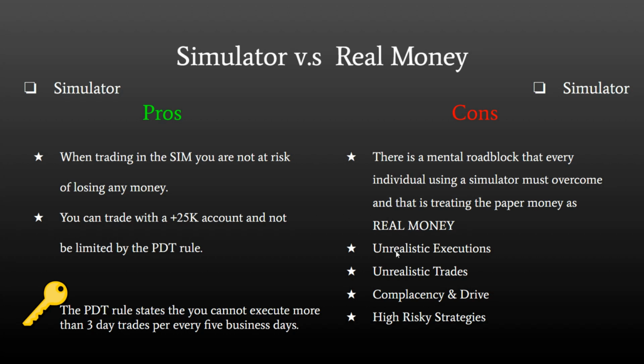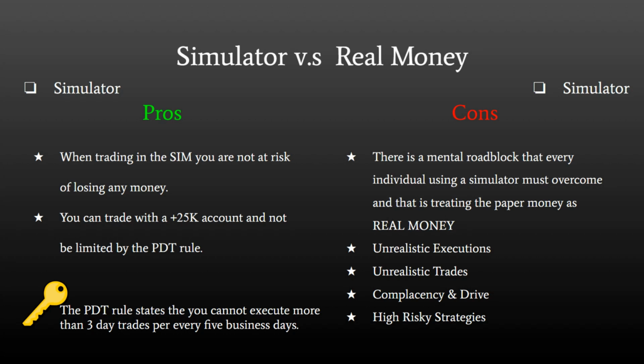And so some of the things that you can watch out for in the simulator is unrealistic executions. Now, with certain stocks, there's only so much supply out there, right? So let's say there's 1 million shares outstanding to the public. So there's 1 million shares that everyone on the market can potentially buy.